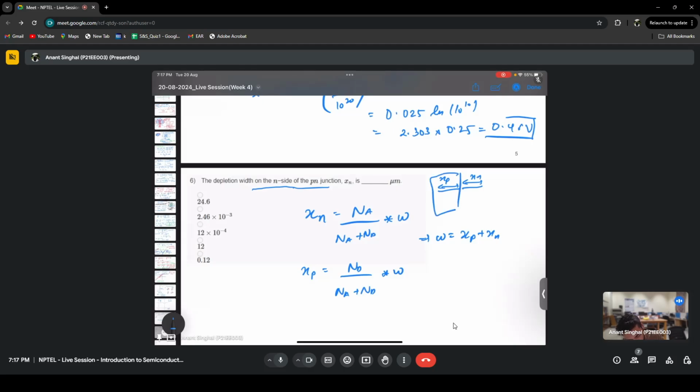If we have a PN junction with total width W, you need to find the depletion width on the N side. The total width is already given as 24.6 micrometer. So quickly let me know the answer for Xn in micrometer.